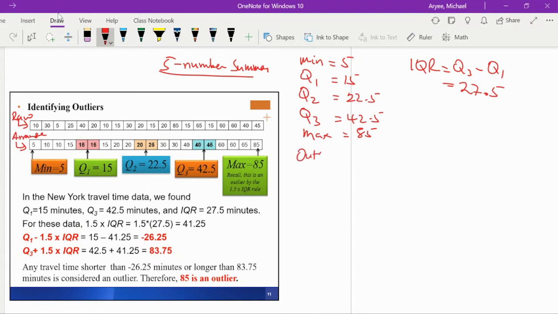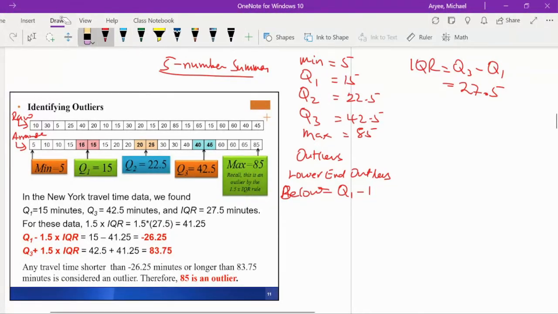So in terms of outliers, we need to first find the lower end outliers, and we know the formula: any number in your data below Q1 minus 1.5 times the interquartile range.